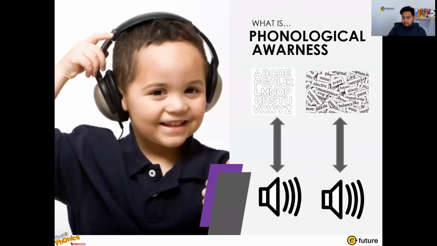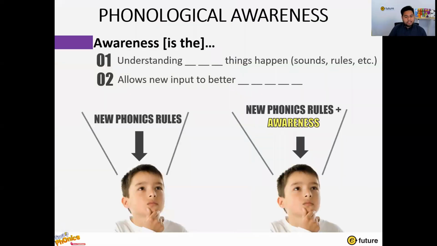Okay. So now we're getting into another guessing game here. Phonological awareness. Awareness is the what? Okay, so number 1, understanding blank things happen. Number 2, allows new input to better blank. So awareness. See some hows.